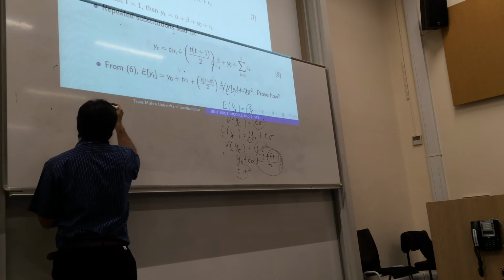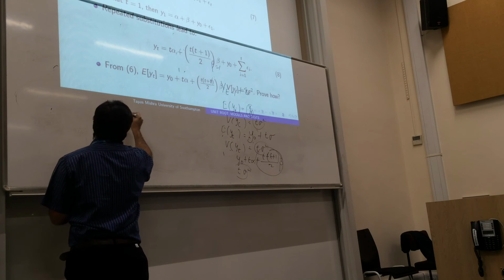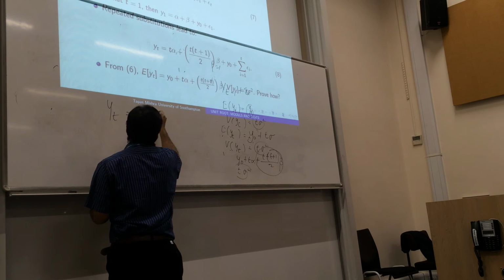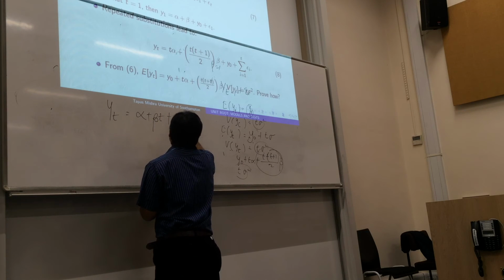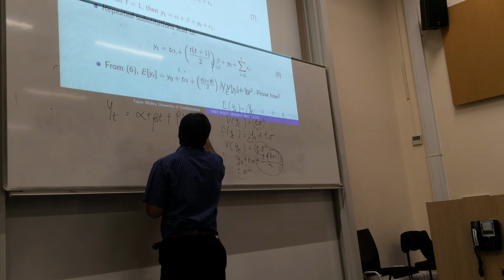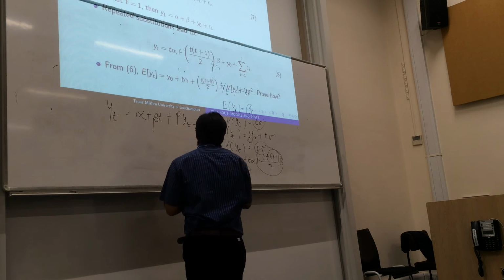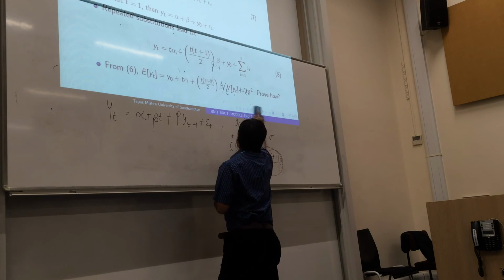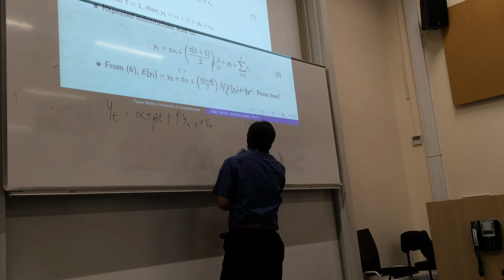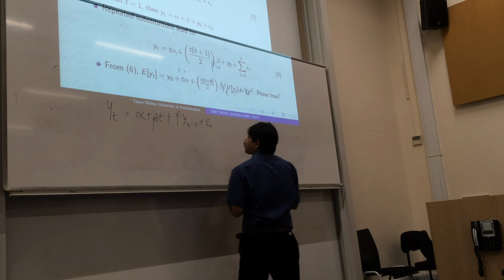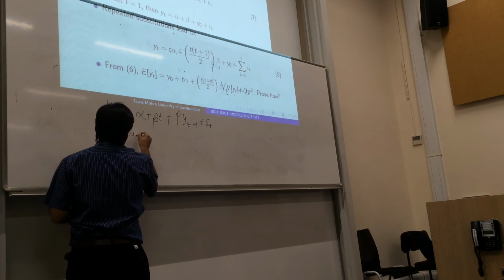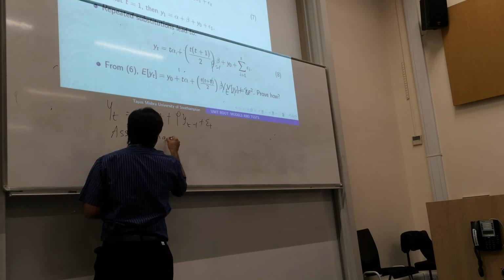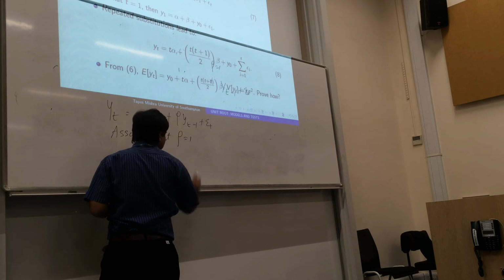Assume that you have a time series yt equal to alpha plus beta t plus rho yt minus 1 plus epsilon. This is the kind of question which may appear in the exam. Assume that rho equal to 1.